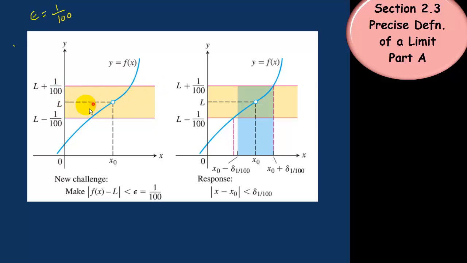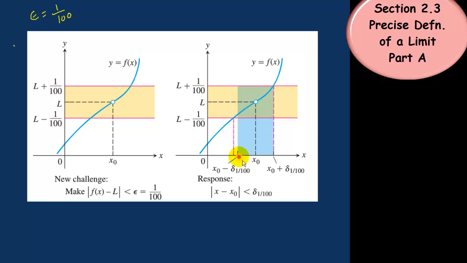So we have created a horizontal strip, and then we go down and take an interval right here for which the y values are away from L by a distance of 1/100.